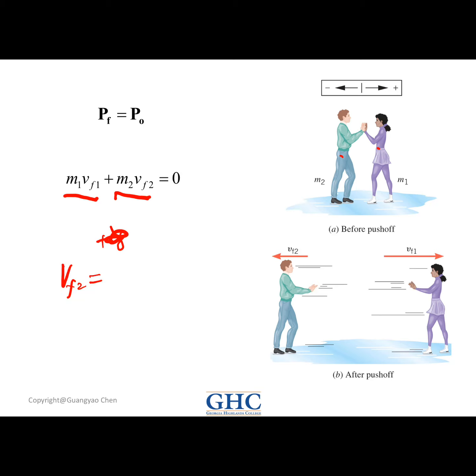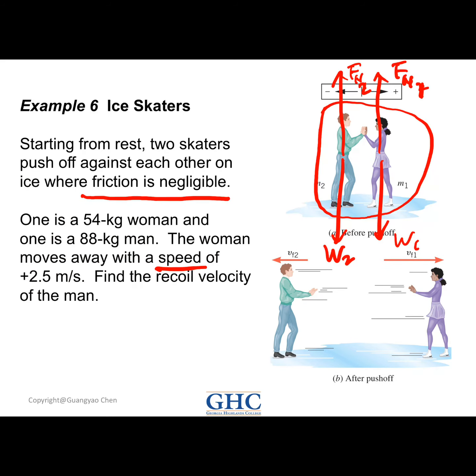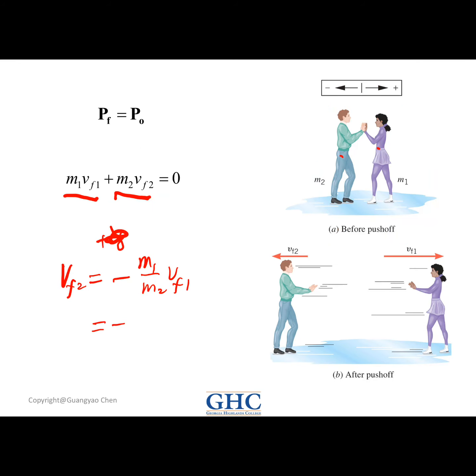Vf2 equals negative m1 over m2 times vf1. Now m1 is 54, m2 is 88. 2.5 meters per second is the final velocity of the woman.